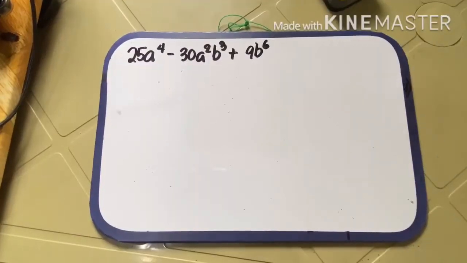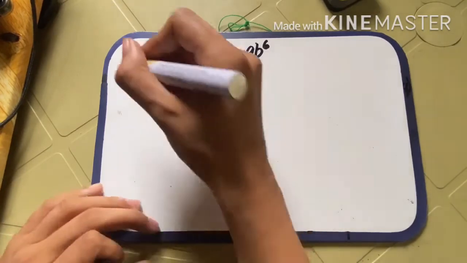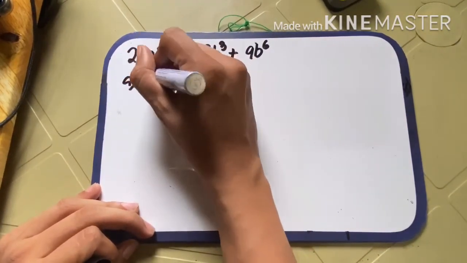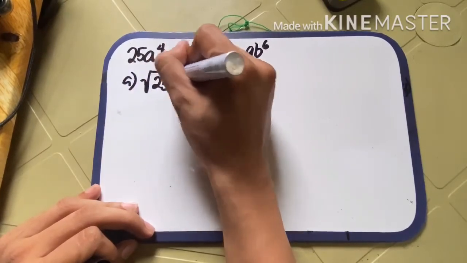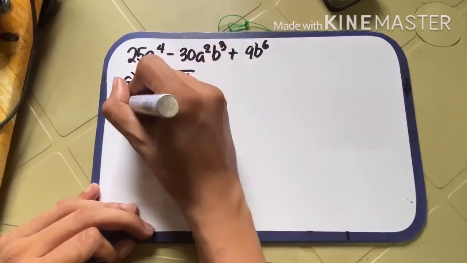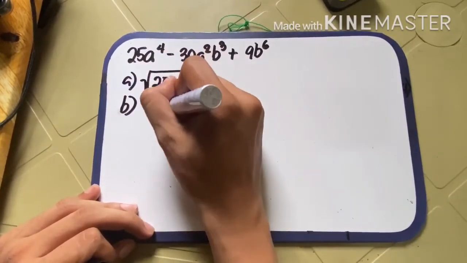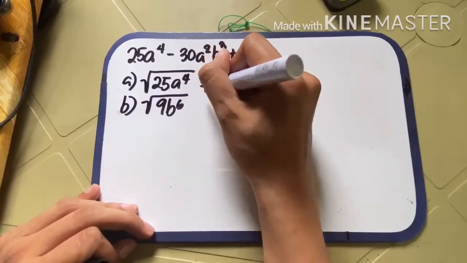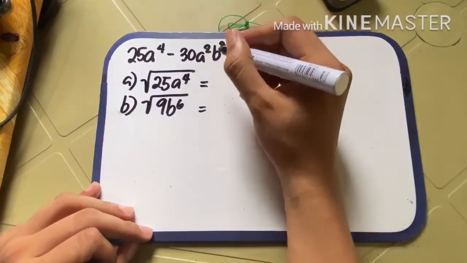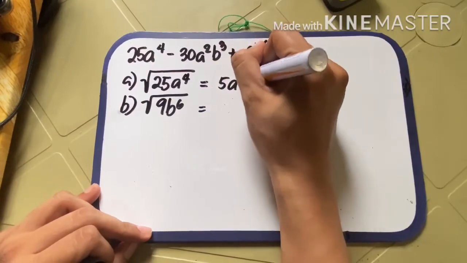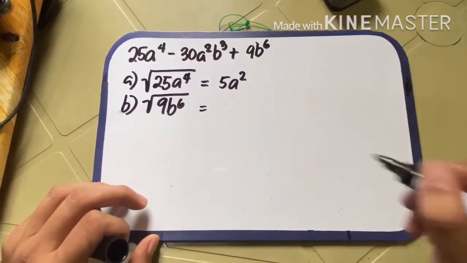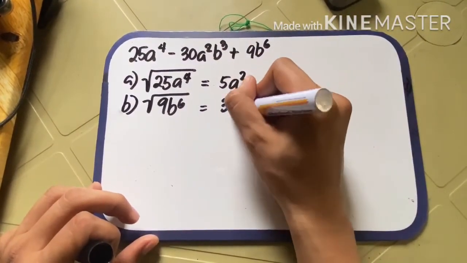Okay, we have another example: 25a raised to 4 minus 30a squared b cubed plus 9b raised to 6. Step A is the square root of 25a raised to 4, and step B is the square root of 9b raised to 6. The square root of 25a raised to 4 is 5a squared. Then the square root of 9b raised to 6 is 3b cubed.